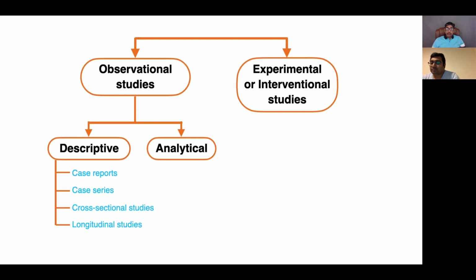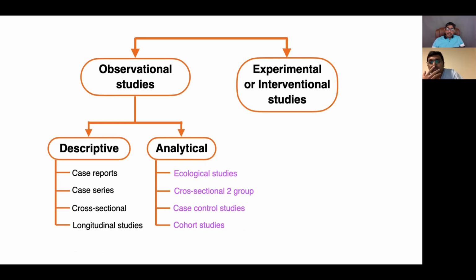And if you're employed in a job where you have access to the database and also the data related to a certain cohort of patients, you can do longitudinal studies. So descriptive studies are mainly divided into case reports, case series, cross-sectional studies, and longitudinal studies. Whereas analytical studies are classified mainly into ecological studies, cross-sectional two-group studies, case control studies, and cohort studies.